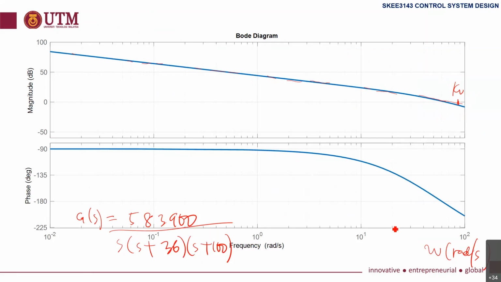This is 10, this is 100. Kv should be 162, somewhere between 100 and 200, maybe here. 162.2.